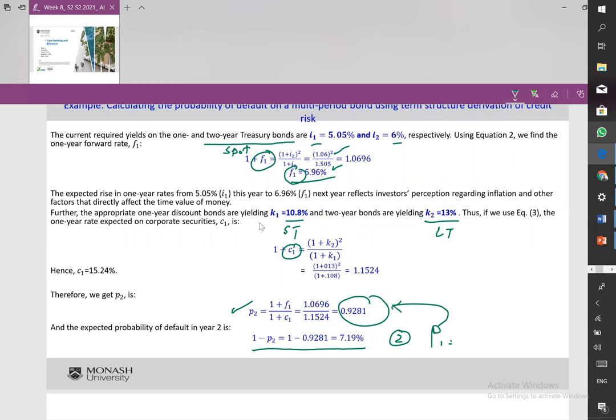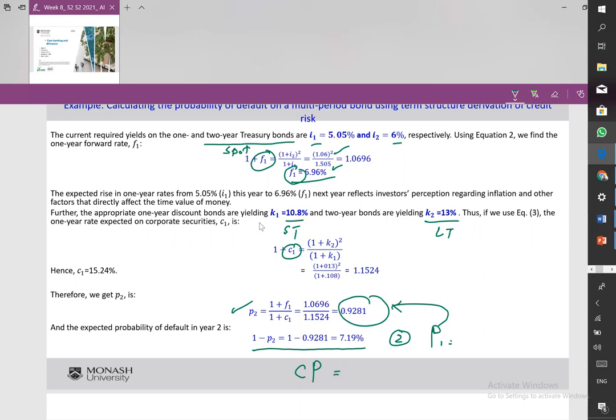Now, if I know year 1 and year 2, as I told you, I can calculate the cumulative probability of defaulting over the 2 years.